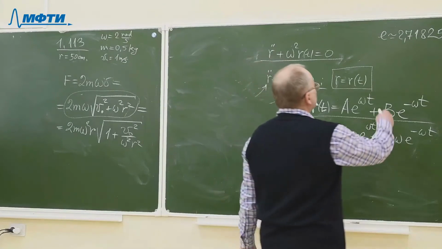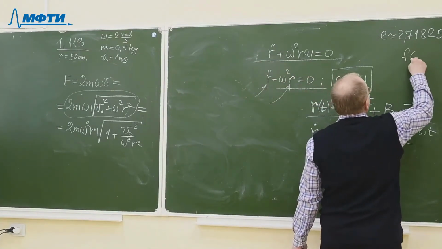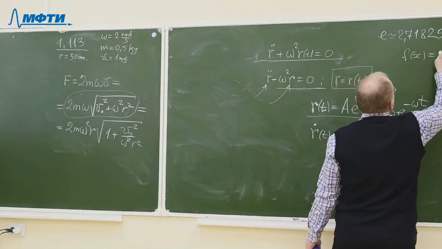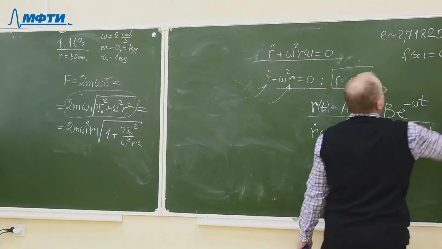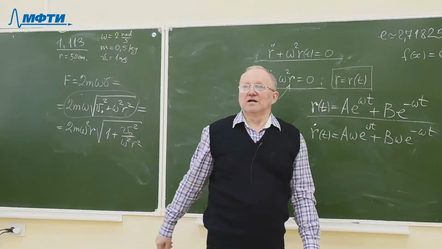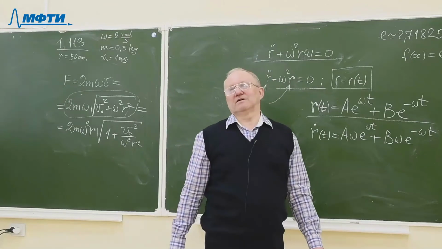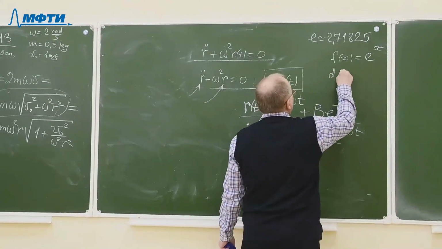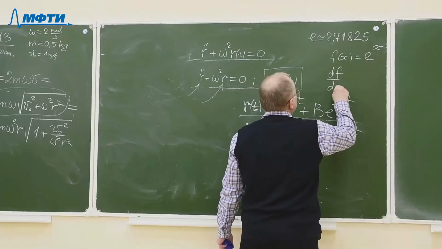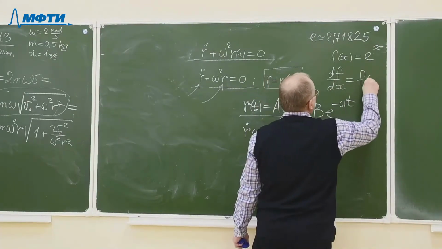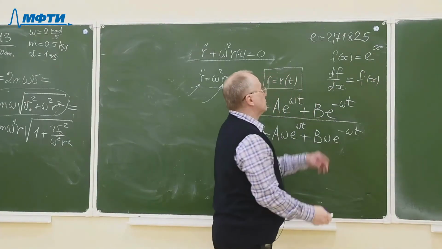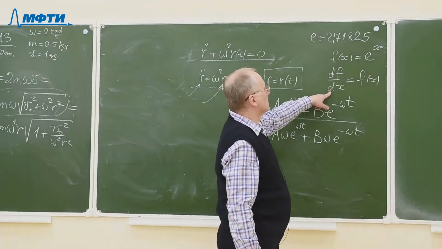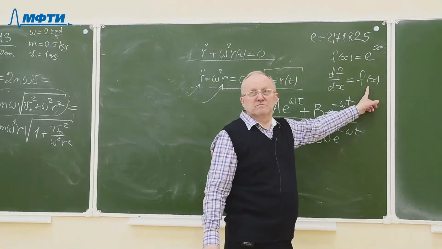It's very important because if you consider the function f of x equal e to the power of x, then this function will possess a very important property, such that df dx will equal f of x. The derivative of this function will be equal to the same function.